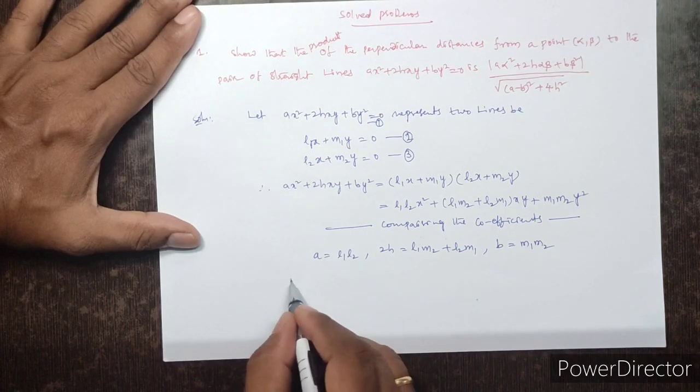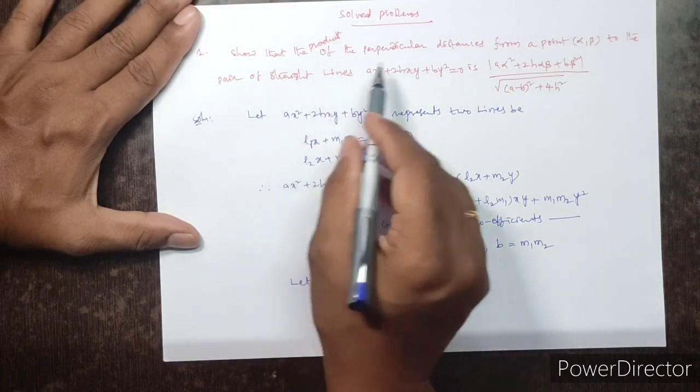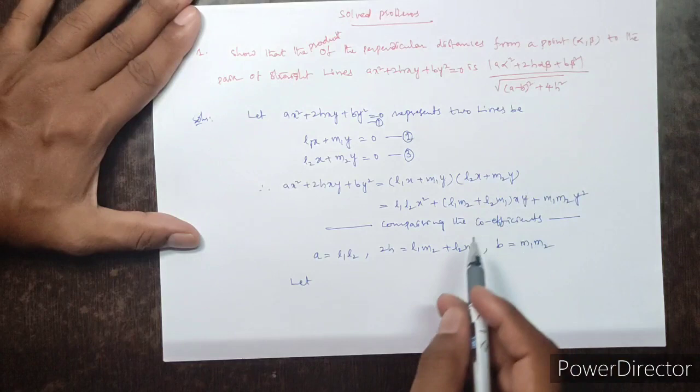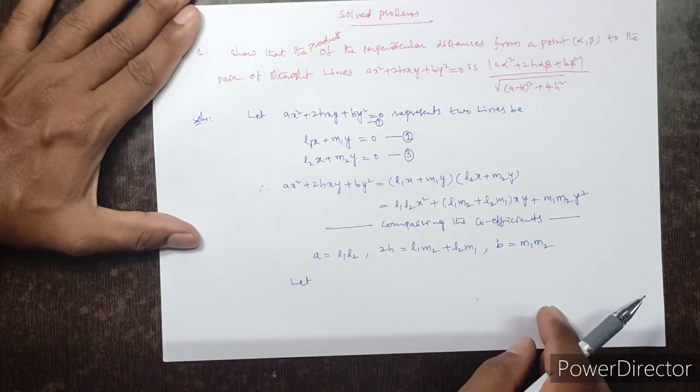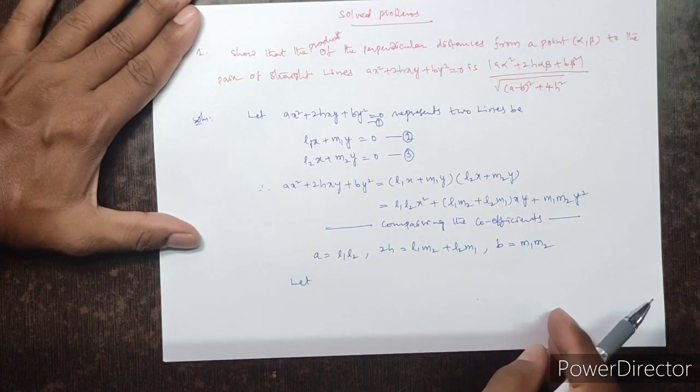Let us see the perpendicular distance from a point to the pair of straight lines ax square plus 2hxy plus by square.